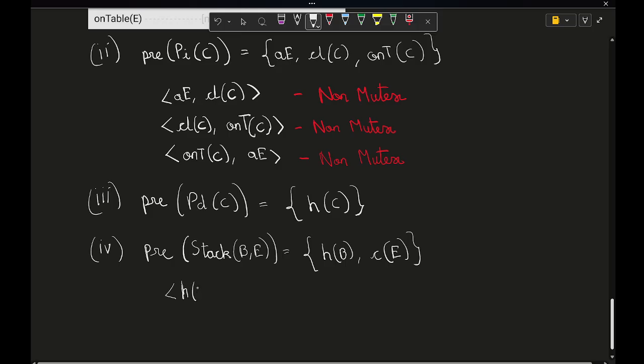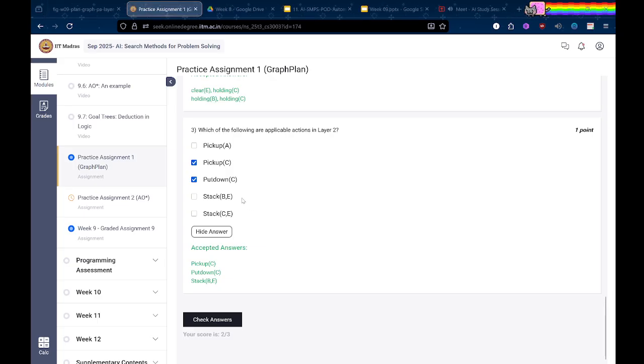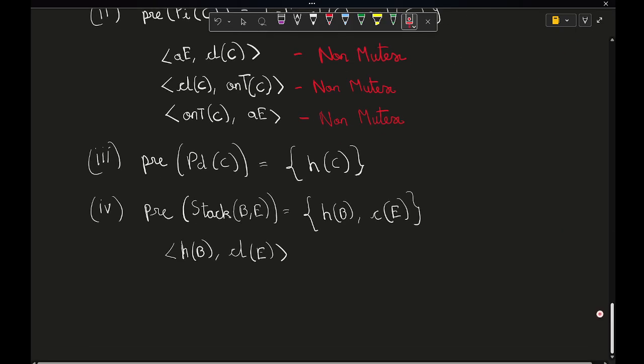Holding B is added by the action unstack BE. Clear E also has the same action. So unstack BE will definitely be non-mutex with itself. So because of that, again unstack BE is valid.